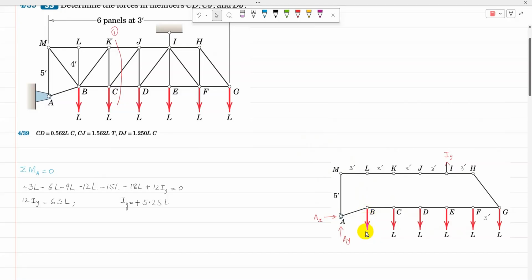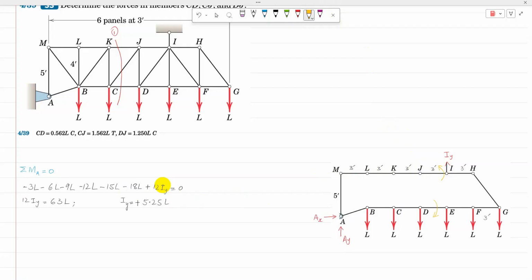At B it is L times 3, at C it is L times 6, at D it is L times 9, at E it is L times 12, at F it is L times 15, and at G it is L times 18, and all are clockwise, so all of these are taken as negative. Now Iy is going to produce a moment in the anti-clockwise direction, so Iy times 12 is positive.